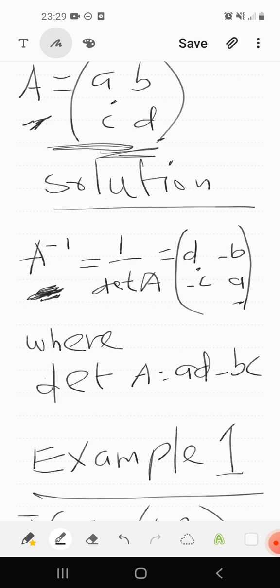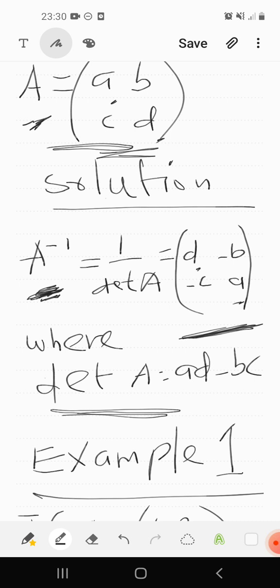You negate B and you negate C. So you interchange the positions of A and D and negate B and C. Then after that, you expand to get your final answer.